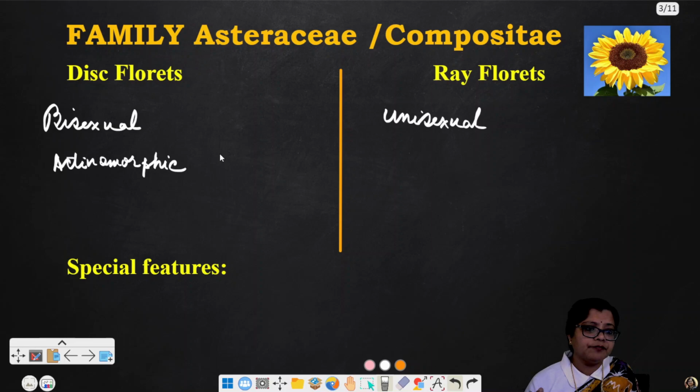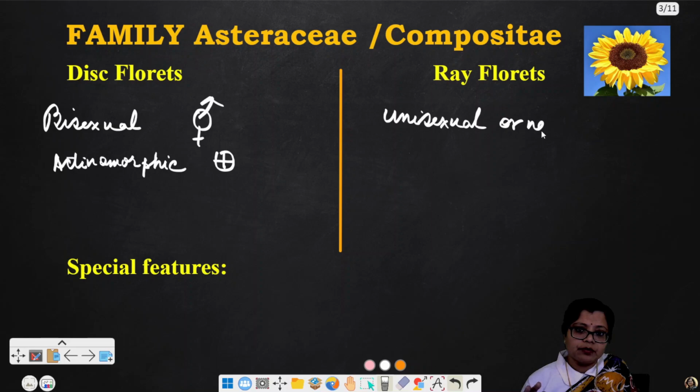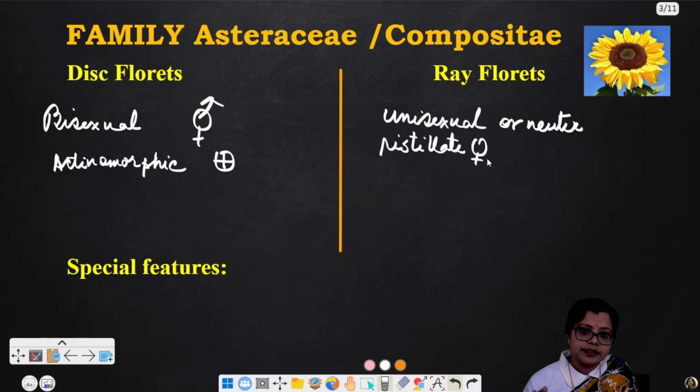That's why we have used this symbol for the bisexual. For writing the floral formula, we have used this symbol. Unisexual, or it may be neuter also. Unisexual pistillate. That's why we have used this symbol, or we have written neuter.